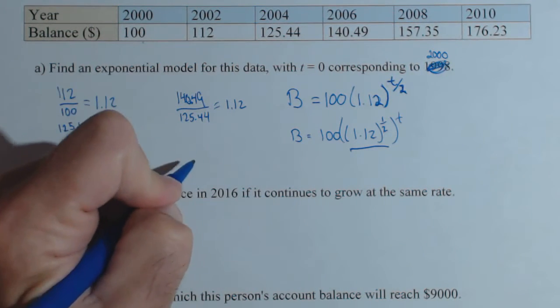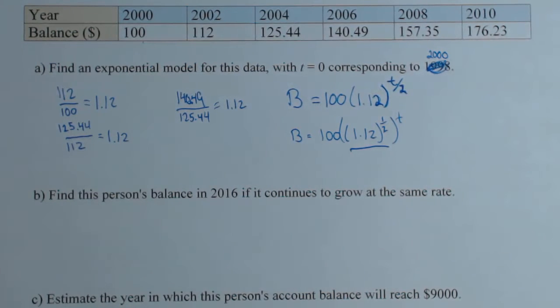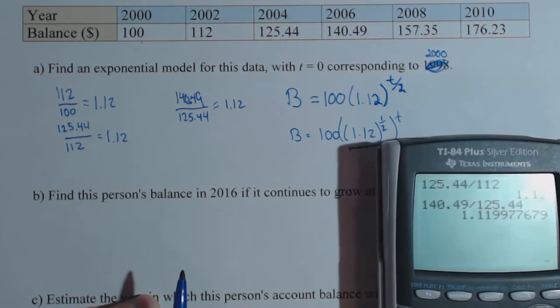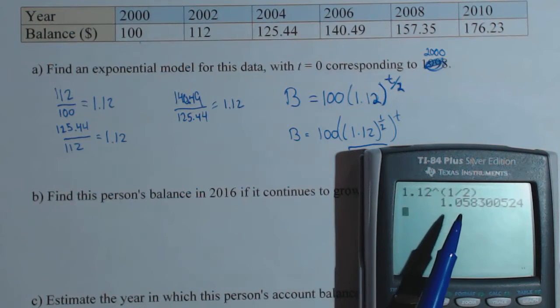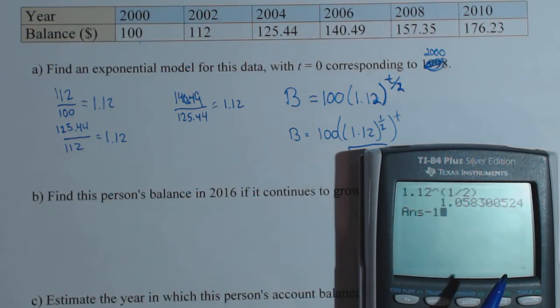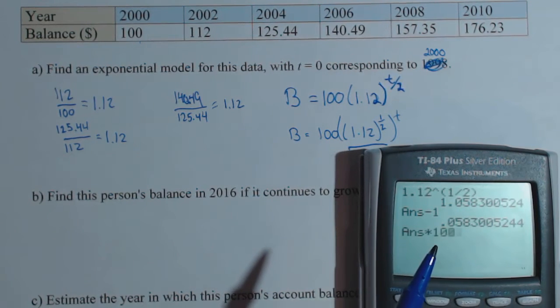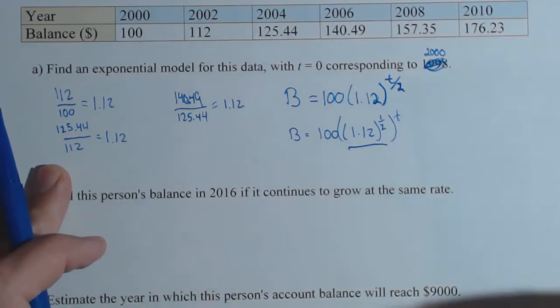So if we wanted the annual growth rate, which we didn't need to in this one, but it's good practice, we would take the 1.12 and raise it to the 1/2, or take the square root. So this was the 2-year growth factor. Here's the annual growth factor. So the annual growth rate, this is basically like finding effective yield. We have an annual growth rate of about 5.83% for this account.